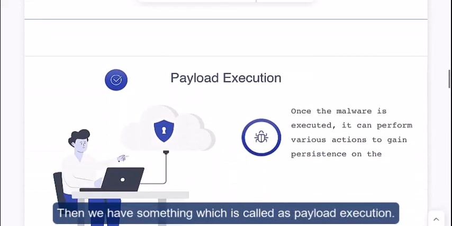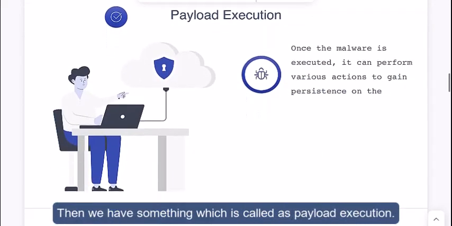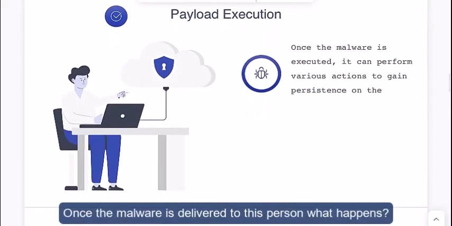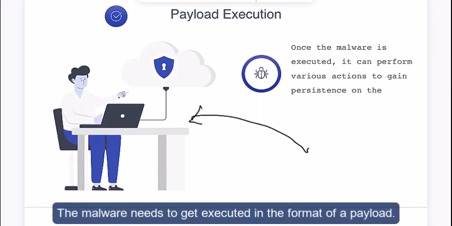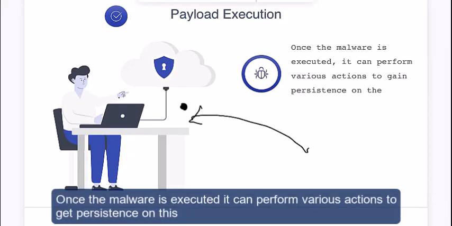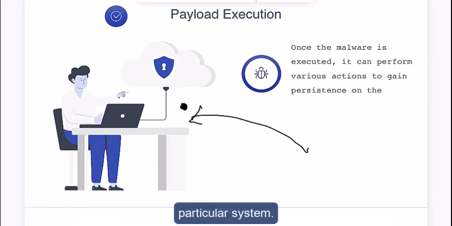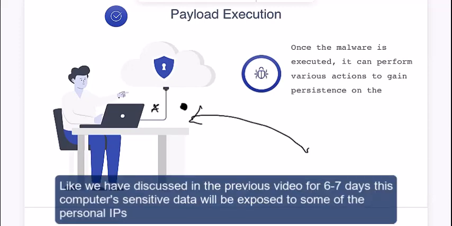Then we have something called payload execution. Once the malware is delivered to this person, what happens, right? The malware needs to get executed in the form of a payload, correct? Once the malware is executed, it can perform various actions to gain persistence on this particular system. Like we have discussed in the previous video, for 6 to 7 days, this computer's sensitive data will be exposed to some personal IPs, right?